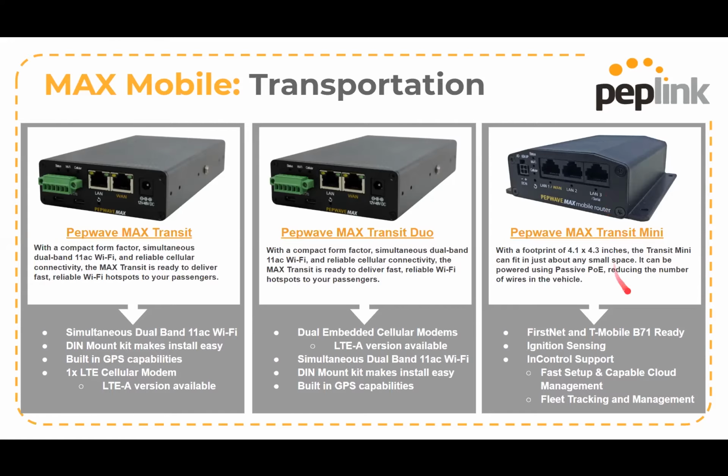If you're in North America, there's an additional band that's enabled right here, band 71, but for Asia and Europe, I'm unsure, and I don't believe that applies. So for all intents and purposes, the Max Transit Mini is a transport certified version of the BR1 Mini, with the addition of another LAN port. That's the best way for you to remember during testing.